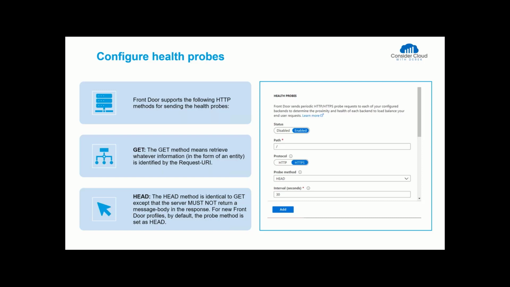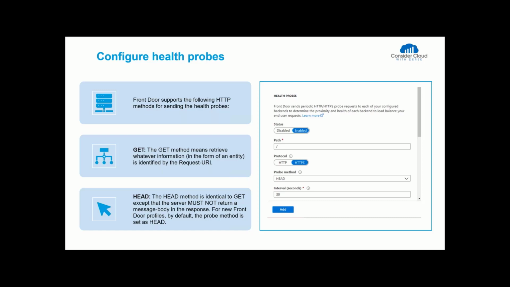Now, this health probe is sent over the same TCP port that you configured for routing your client requests. So unlike the Application Gateway, where you could potentially send your health probe over a different port, or even with the Azure Load Balancer, you could send it over a different port, with Azure Front Door you cannot, and it cannot be overridden either.